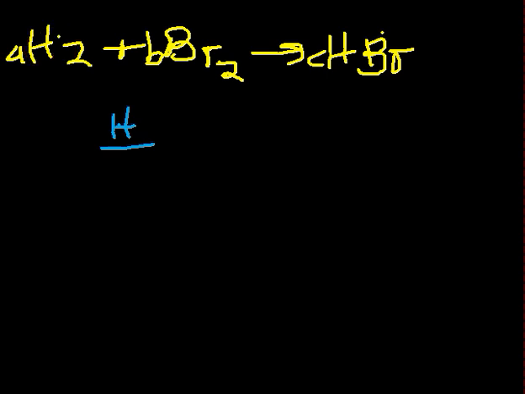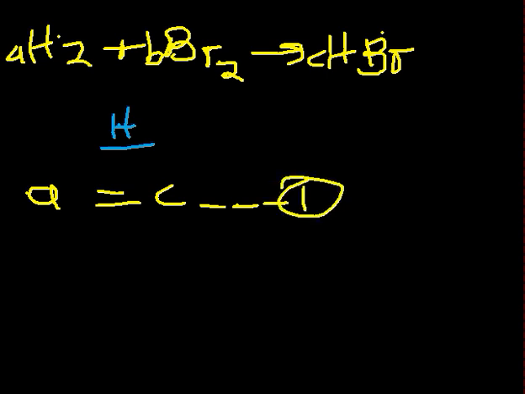So we have 1 times A, or just A. And we do not have any hydrogen atom here. On the product side we only have a single hydrogen atom, so we have 1 times C, which is C. So this is equation 1. Then we'll go for Br, that is bromine.